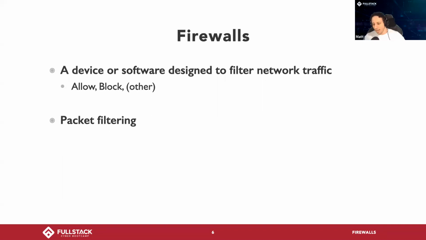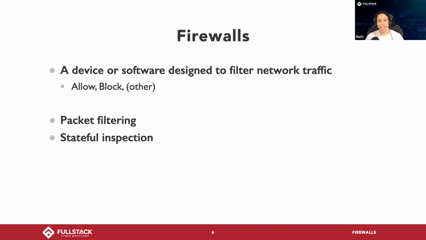Okay. So what do we have more advanced than packet filtering? We've got stateful inspection. This is one step up in firewall technology. Stateful inspection is going to look a little bit further into the network. It's not only going to look at the 5-tuple anymore. It's going to construct the conversation that's happening between packets.